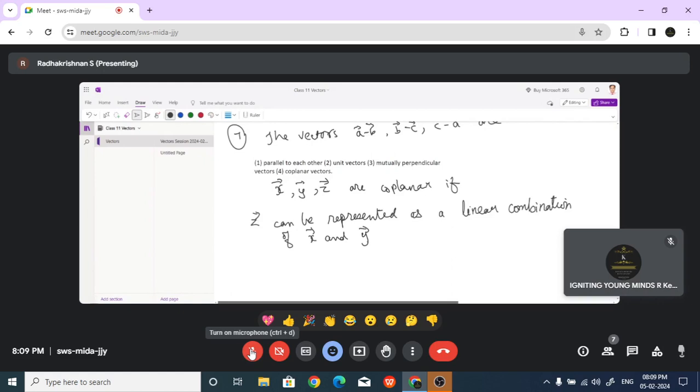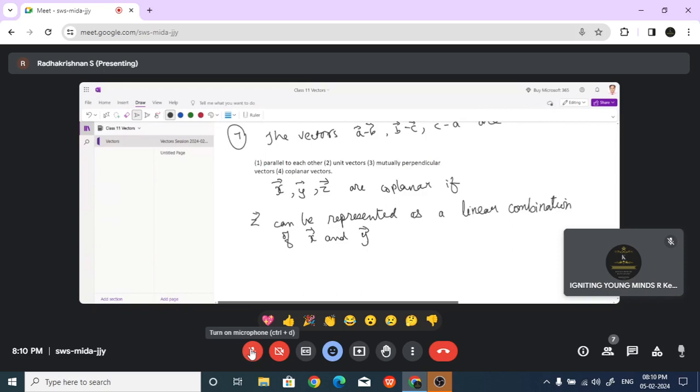Okay. So in determinants, if one row can be represented as a linear combination of the other 2 rows, then the determinant value will be 0. Right? So those 2 are the same thing.